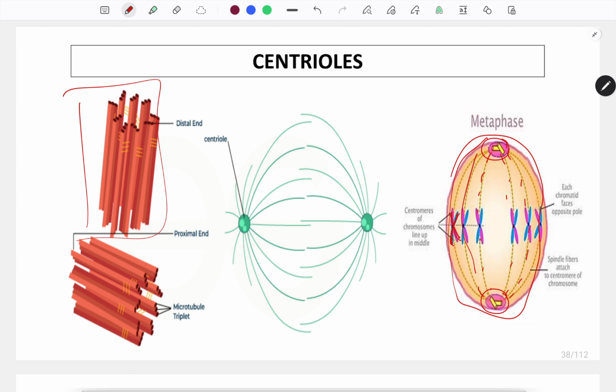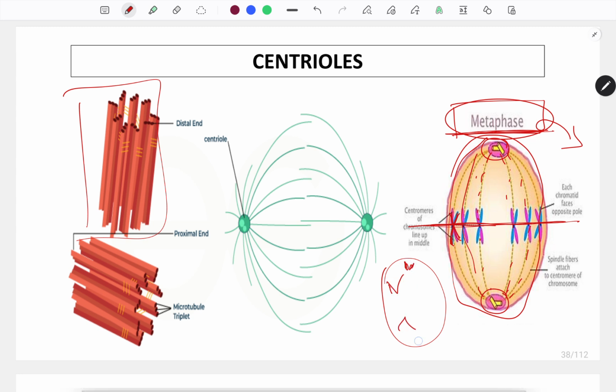And during the metaphase stage of mitosis, that is cell division, which is an in-between step of mitosis, these chromatids are arranged in the middle of the cell with the help of these spindle fibers. In the next step, with the help of these spindle fibers, the genetic material, that is the chromosomes, will get separated like this.